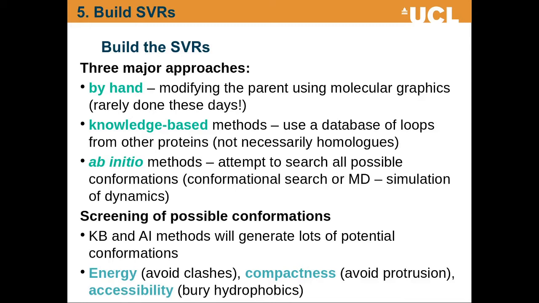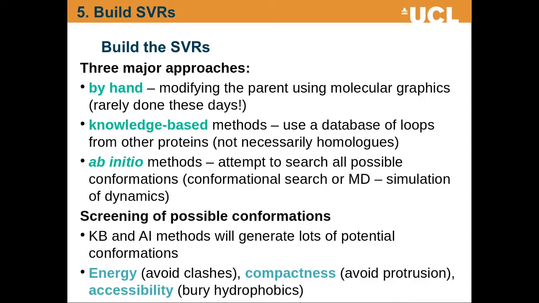Now, both of these overall approaches, either the knowledge-based or the ab initio approaches, will actually generate lots of potential conformations. So you have to choose between these. You want to select one best, most likely conformation for the loop.